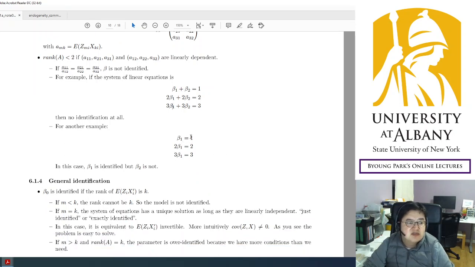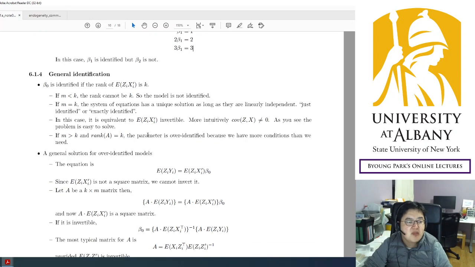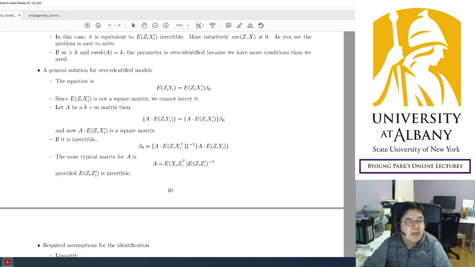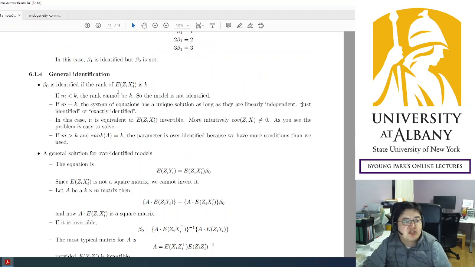In this case, beta 1 is identified. You know beta 1 is 1, but beta 2 is never identified. So this is another case where you lose identification. The lost identification could be about only one variable. And then let me finish up to here.